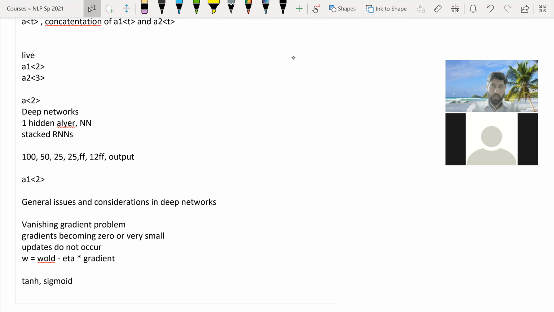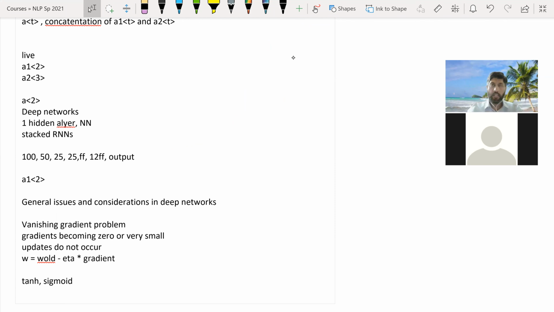So there are various ways of handling this issue, and one way of handling this in recurrent neural networks is through the use of gates. Of course, that is not the only reason why we use gates there. We use gates for memory also.